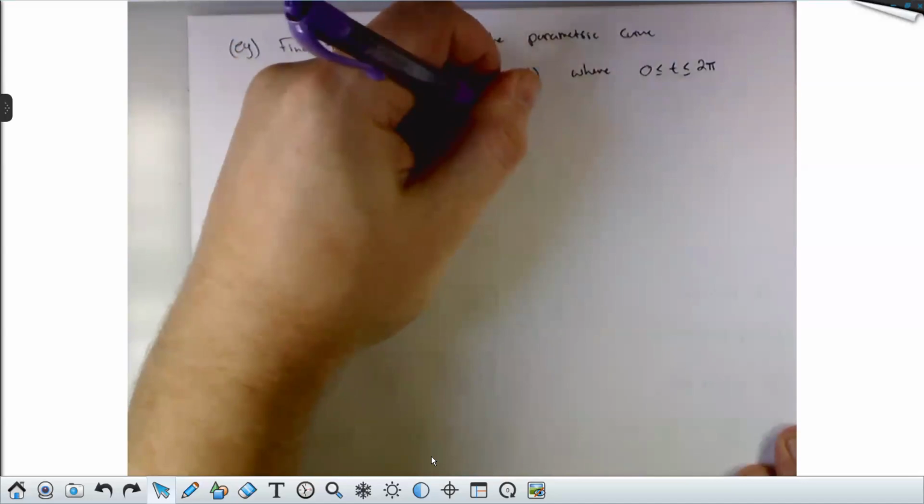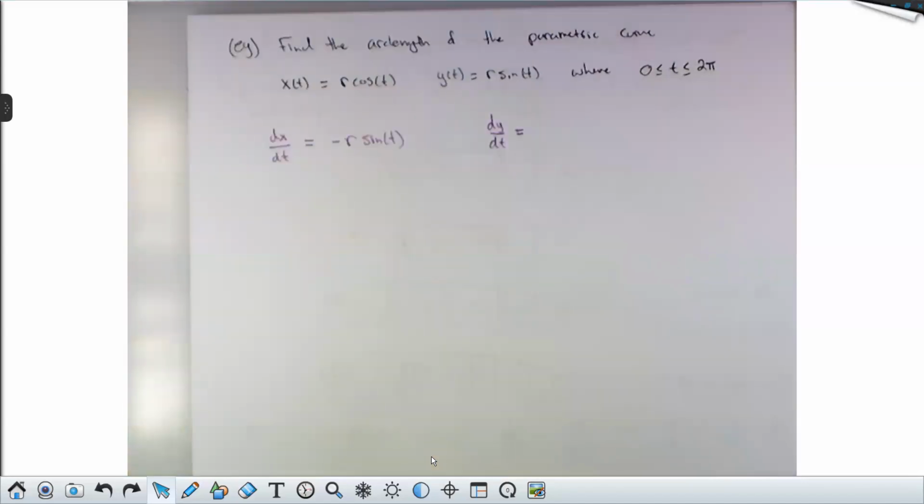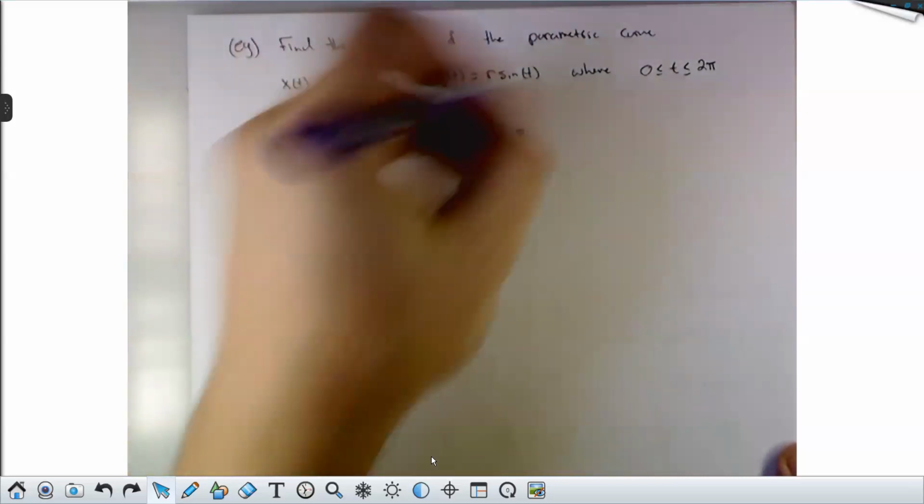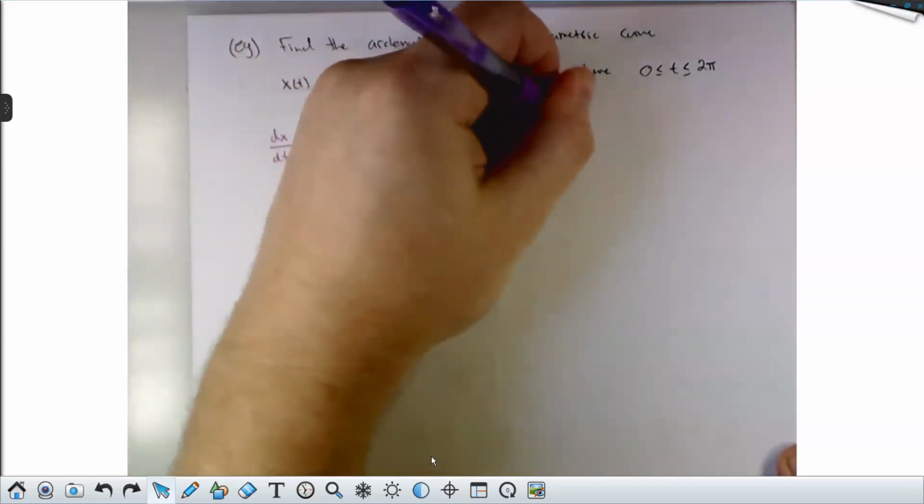I know my formula also has dy dt in it, so I need to calculate that. The derivative of r sine t, r here is a constant, is just r cos t.